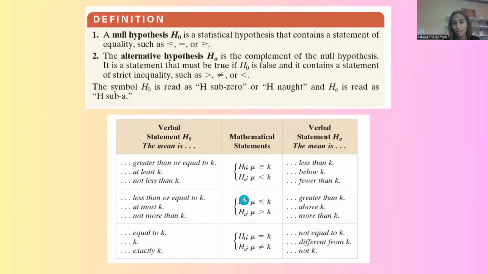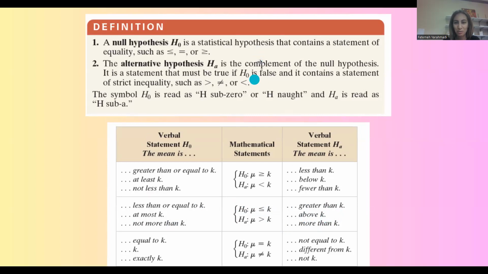Mu is less than or equal to k. But its complement, its opposite, is greater than k, above k, more than k. When you see these keywords, it means that your alternative hypothesis is given. H sub A says mu is more than k.